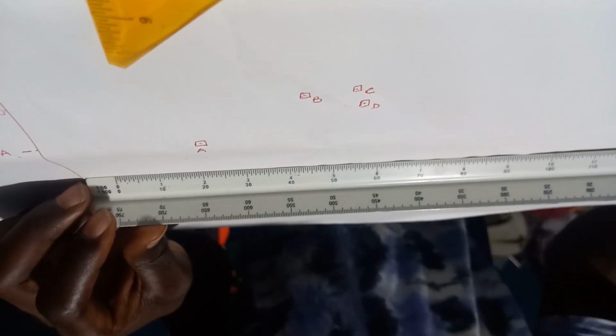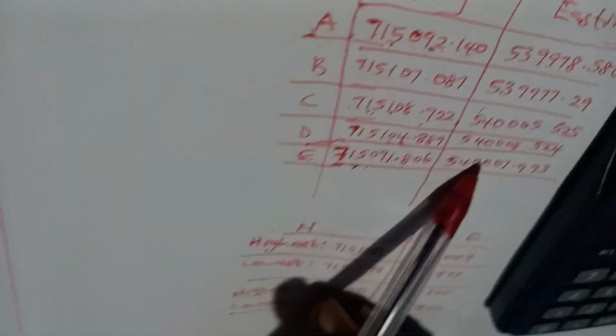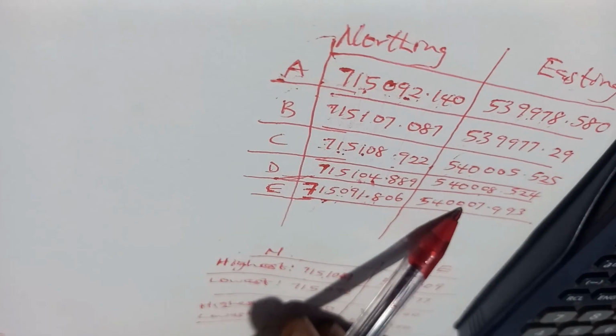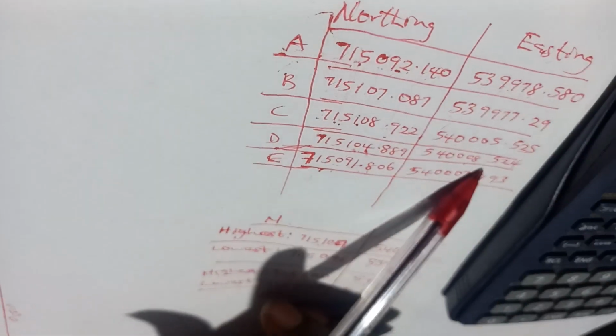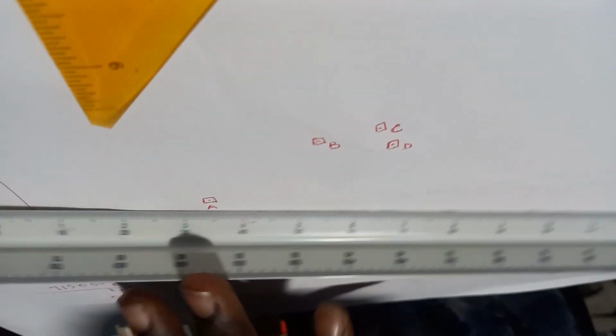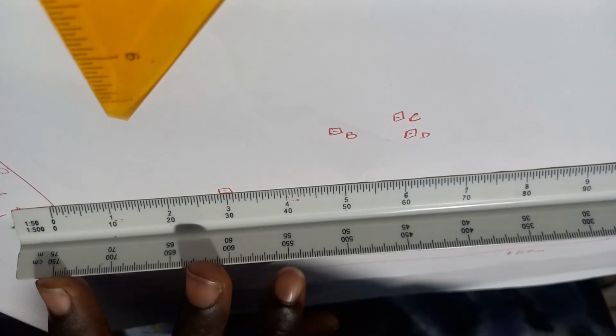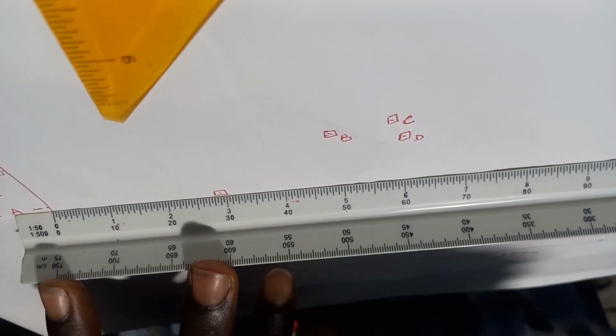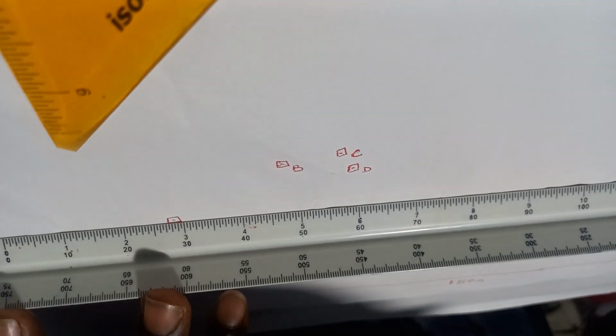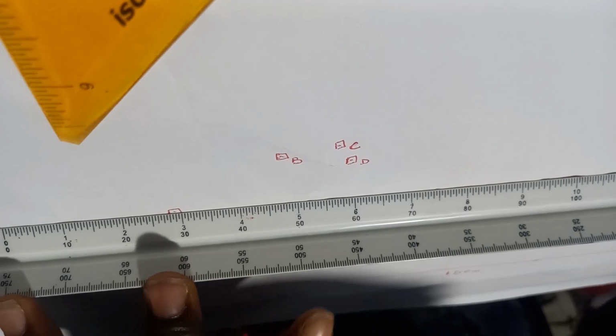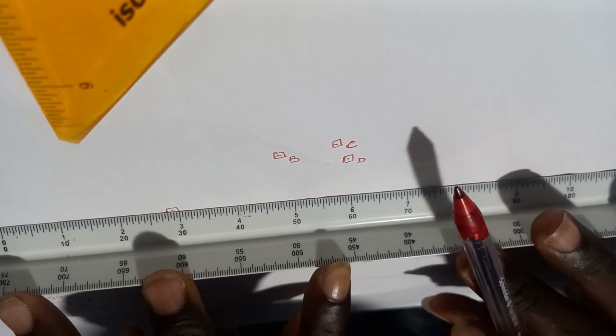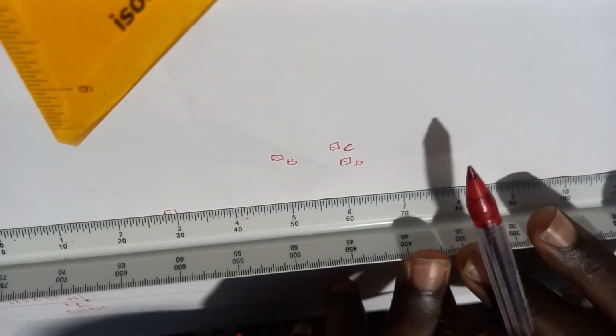In the last point now, we need 540,007, approximately 008. So which is our point E? Our point A and our point E are the same point. So we're going to place this there, and then observe it.